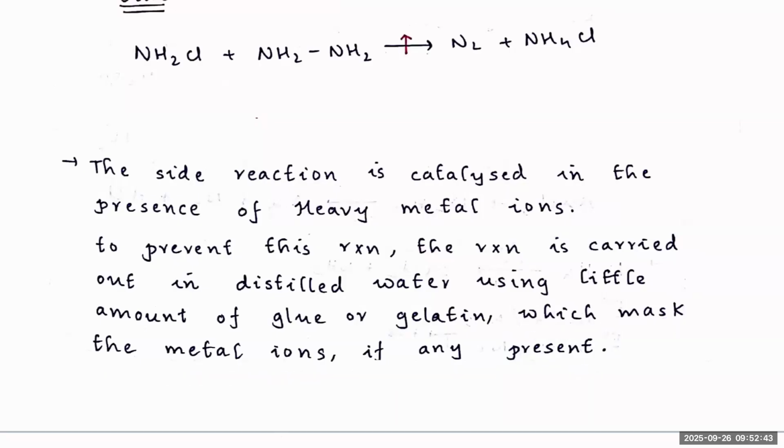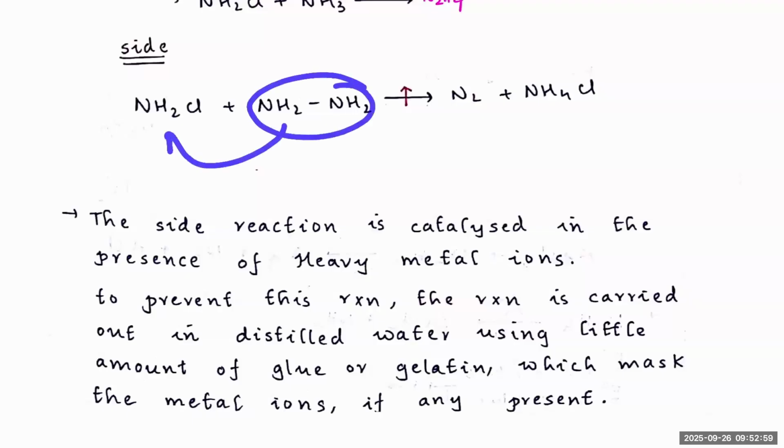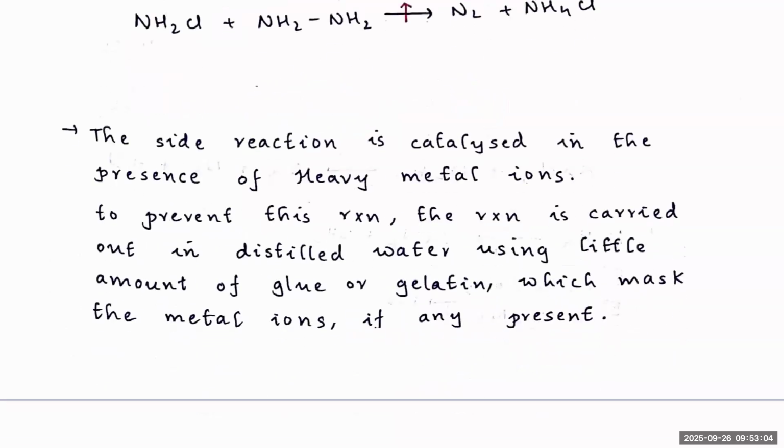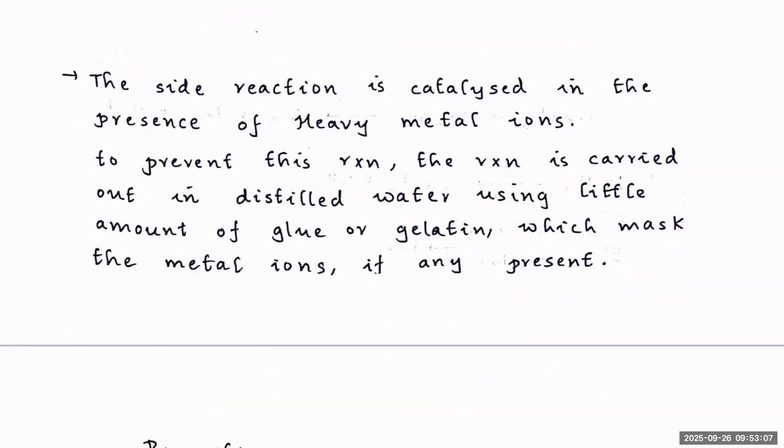Basically, gelatin or glue can form a layer on the surface of the metal, so that it will not catalyze the reaction of NH2Cl with hydrazine. This statement has been asked earlier: how the reaction is carried out in distilled water and what is the role of gelatin. So remember this line.